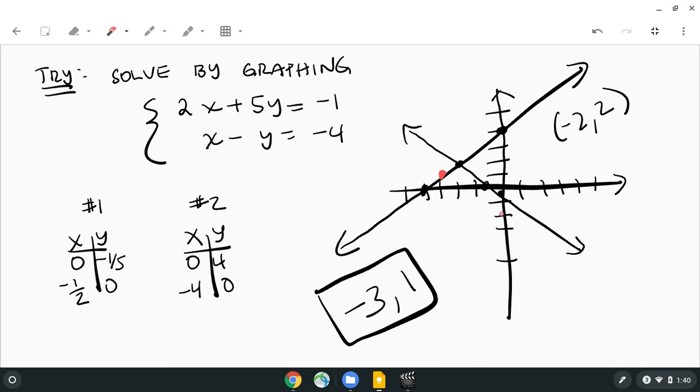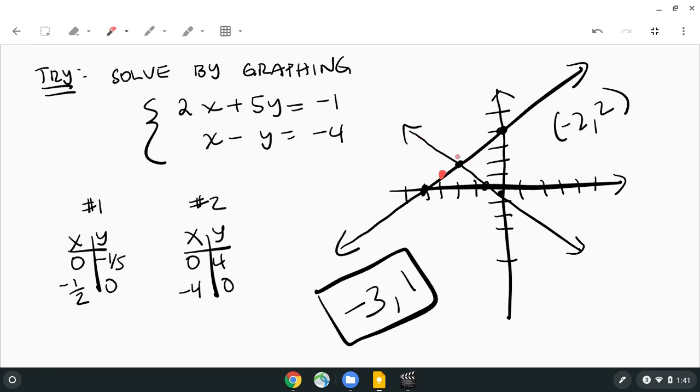But I wanted to use this one to emphasize that graphing method may not be the best method to use to solve systems of equations, but it helps us to see if our solutions from using other methods make sense.